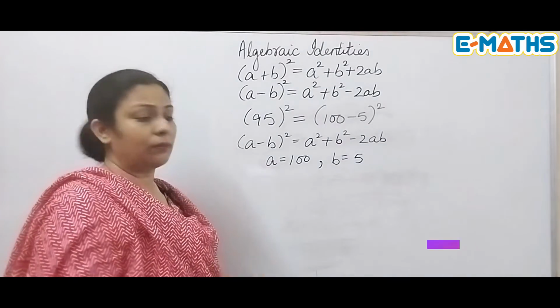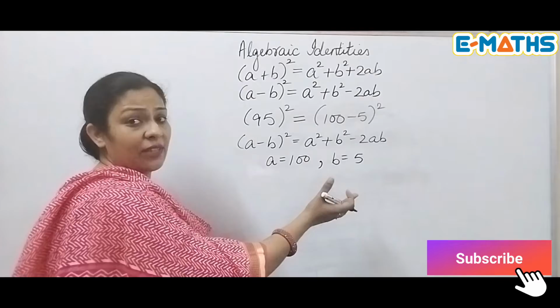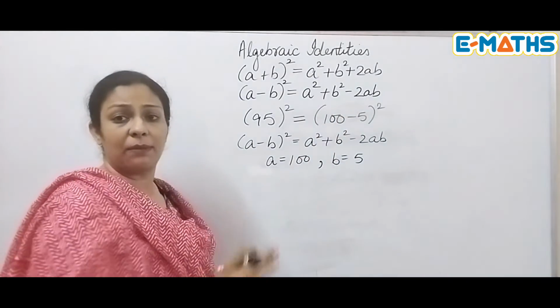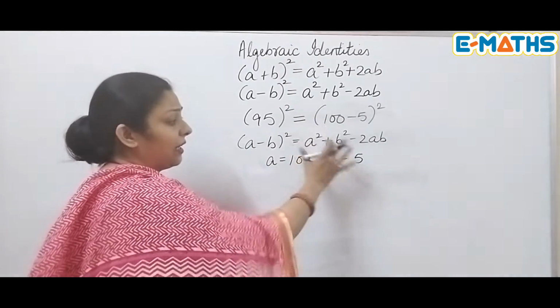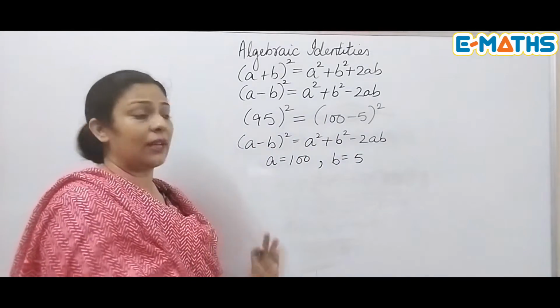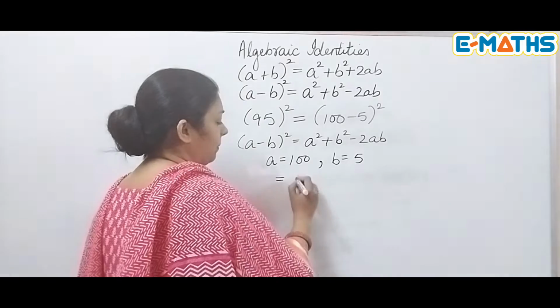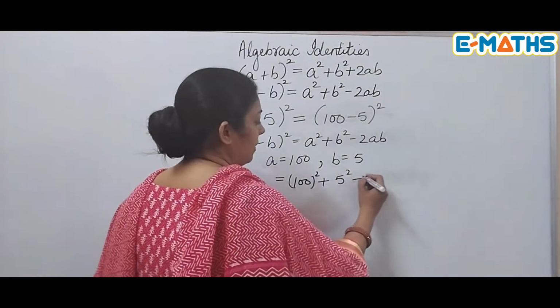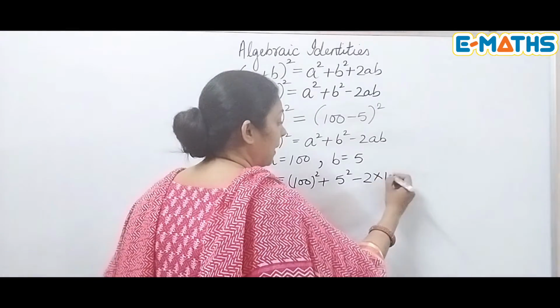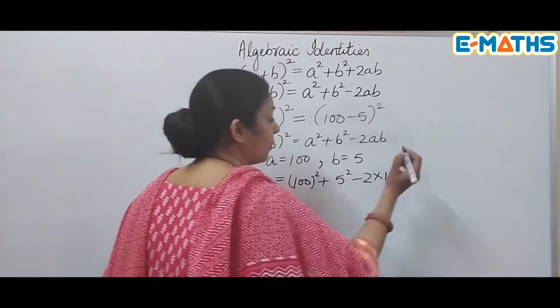We don't have to check the positive or negative sign, because a was positive, b was negative, it doesn't matter. You just need to match the identities and take the values as they are, without the signs. Now put it in the identity. A square means 100 square, b square means 5 square, minus 2ab means 2 multiplied by a multiplied by b's value.